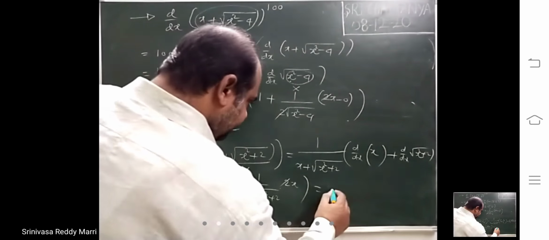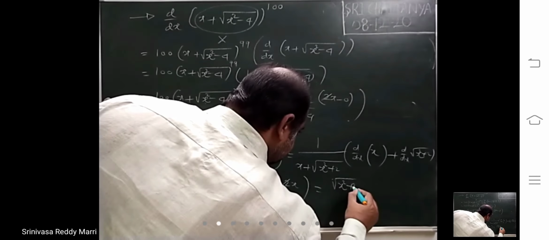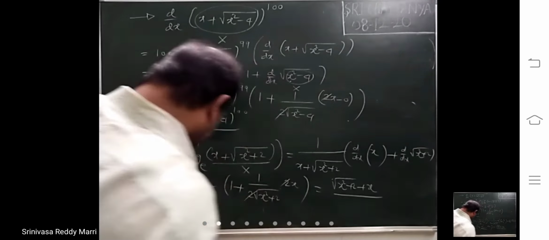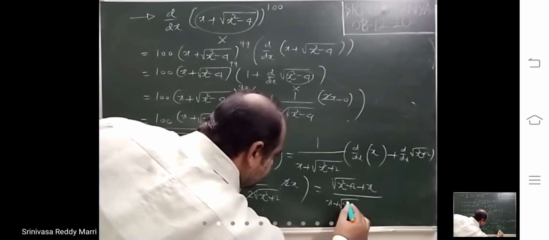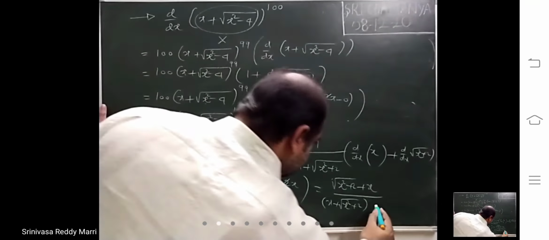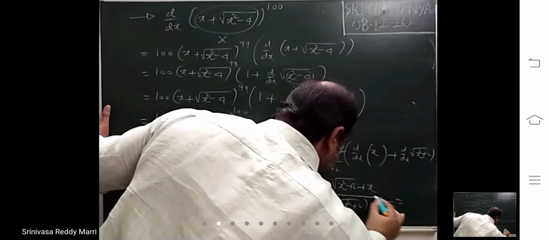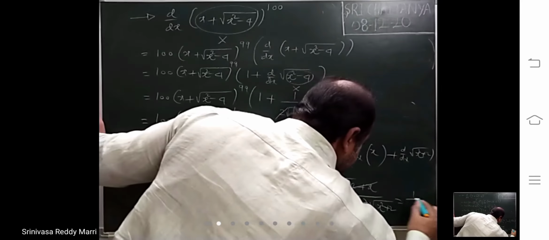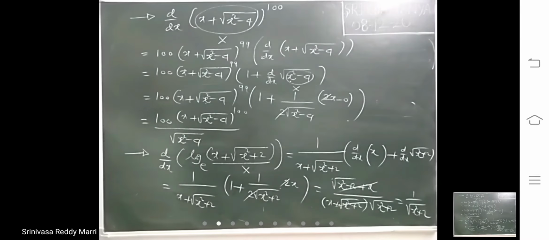So take the LCM. You will get root of x square plus 2 plus x divided by the same, so this and this will get cancelled. That is the derivative.